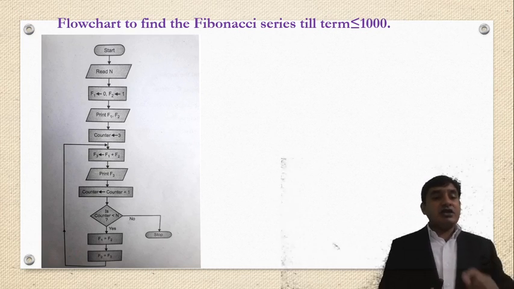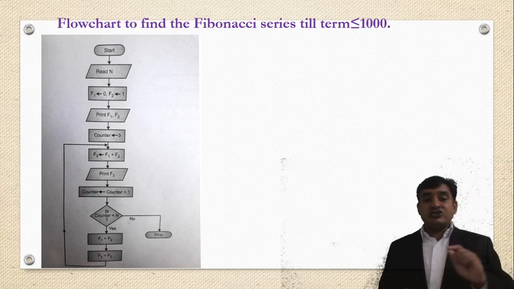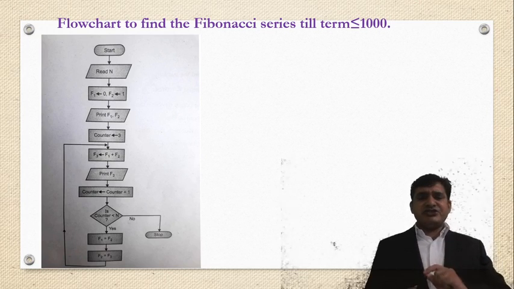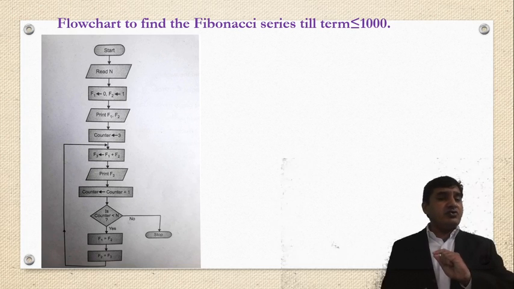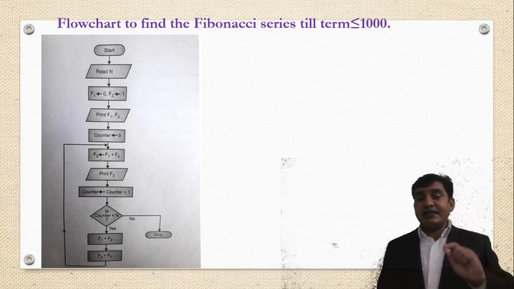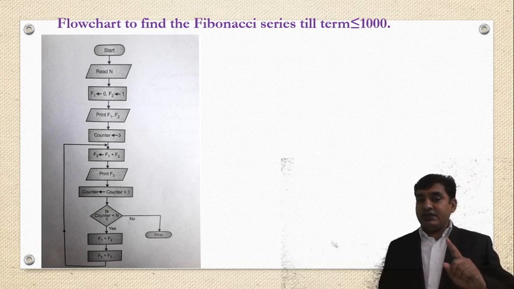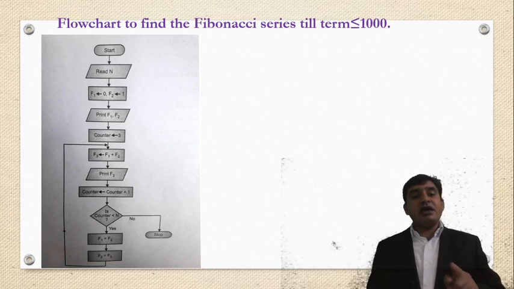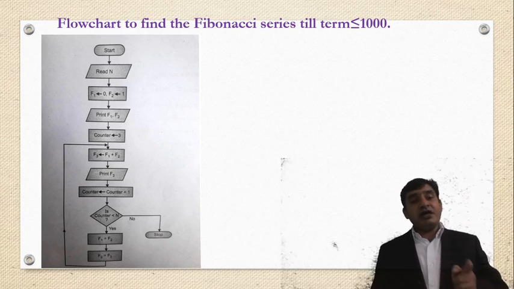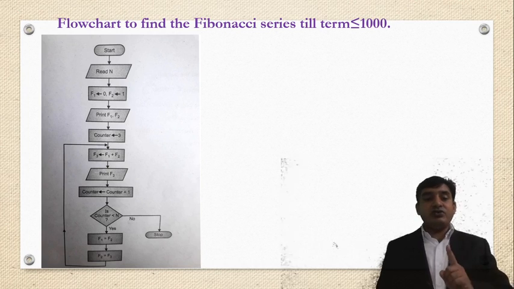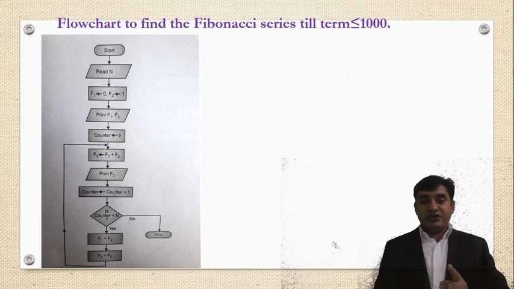Now counter is incremented by 1, so counter is equal to counter plus 1. Now we check the condition. Is counter less than n? If yes, then replace f1 by f2 and f2 by f3, that is f1 is equal to f2 and f2 is equal to f3.